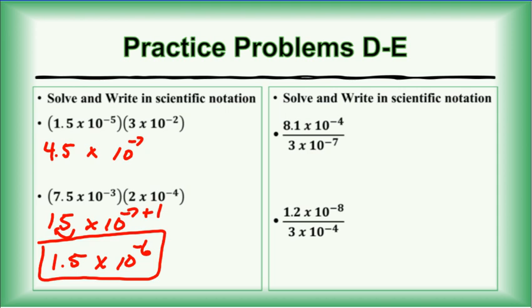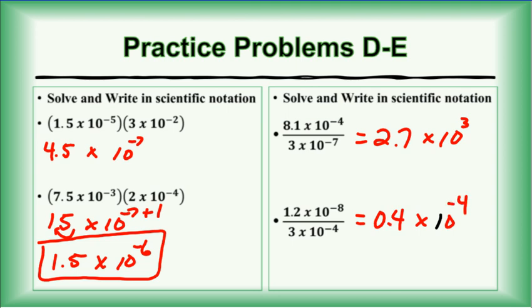Next one, 8.1 divided by 3 gives us 2.7 times 10. Negative 4 minus a negative 7 is a positive 3. And the last one, 1.2 divided by 3 gives us 0.4 times 10. Negative 8 minus negative 4 is a negative 4.